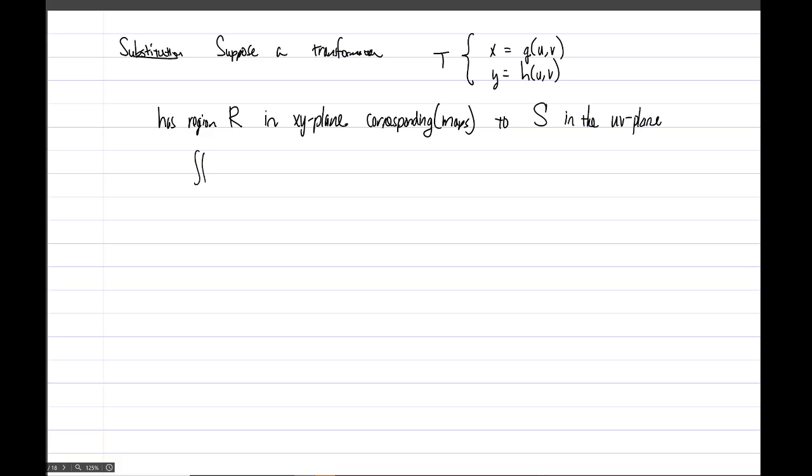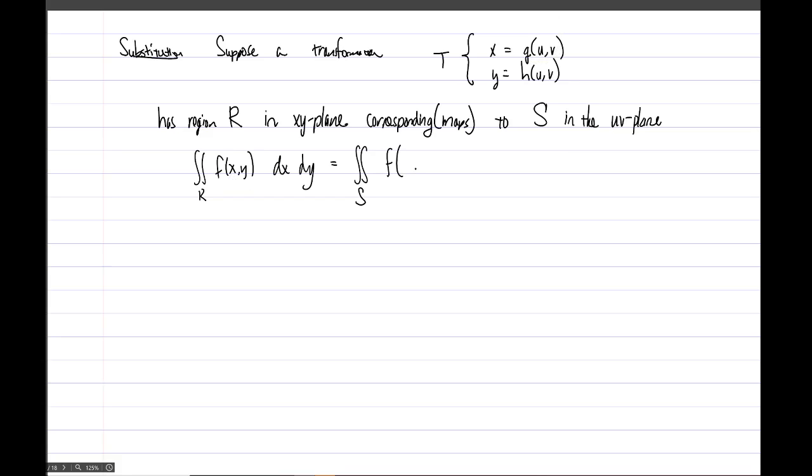Then the double integral over R of f of x comma y dx dy is going to become the double integral over a new region S. So this is like updating the bounds. It's a new region, new space of integration here. F of, replace the x here with g of u comma v.